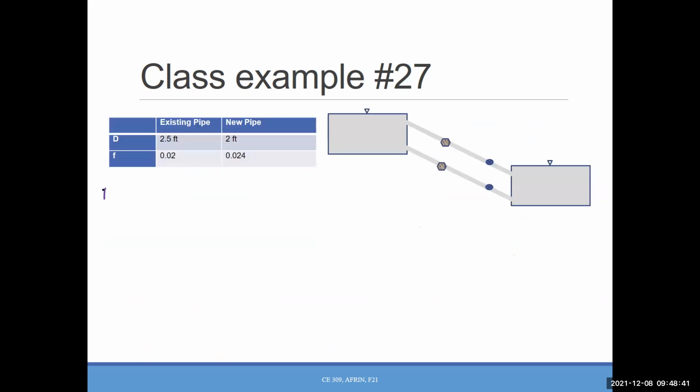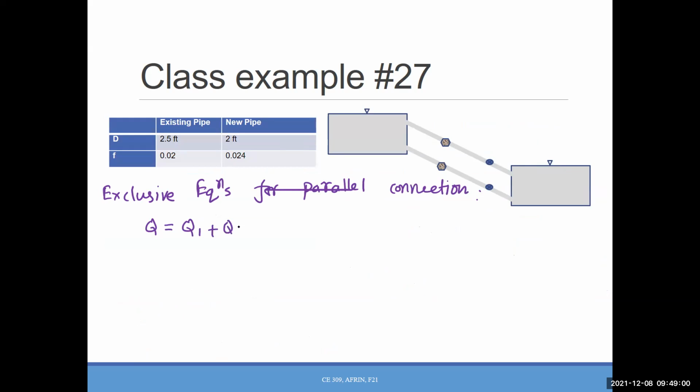Okay, so exclusive equations for parallel connection. First equation is Q equals Q1 plus Q2, right? So this one is Q1, this one is Q2. That is equation number 1.